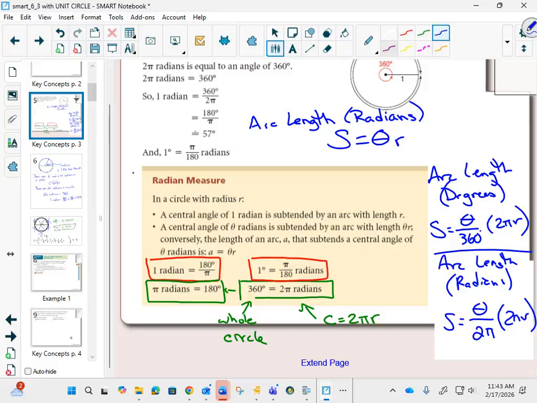It's still a proportion of the whole thing. But mathematicians in this situation could not resist; I still like that form of the formula because it means something, but they were just too tempted. Can you see how much it simplifies? Can you see that the 2 pi would simplify with the 2 pi? You get a very simplistic formula if you're in radians. That simplistic formula is on your formula sheet. It is the first formula on your formula sheet.